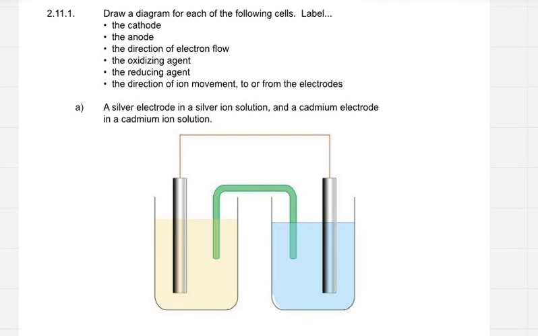And a chemical cell is what happens when you take an oxidizing agent and a reducing agent and put them in contact with each other, and they do their normal things. They oxidize and they reduce. And what that means is electrons get pulled out of one substance and into the other one.